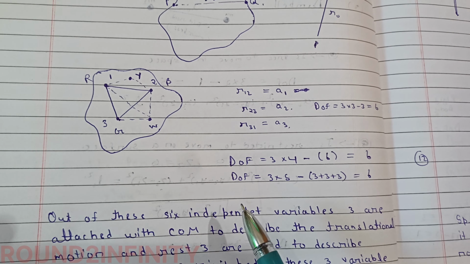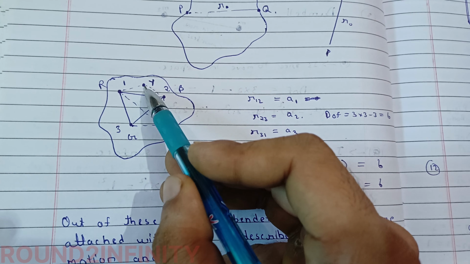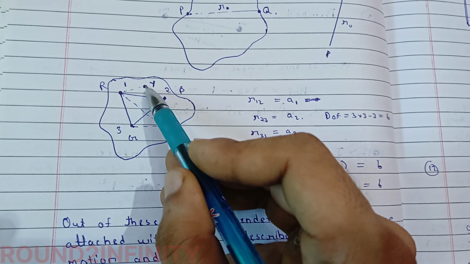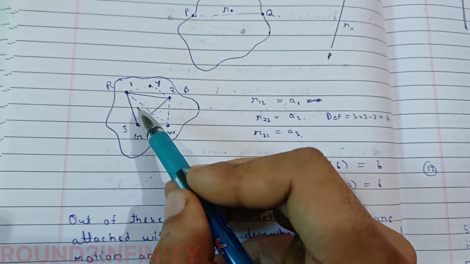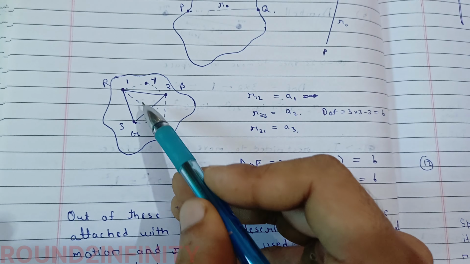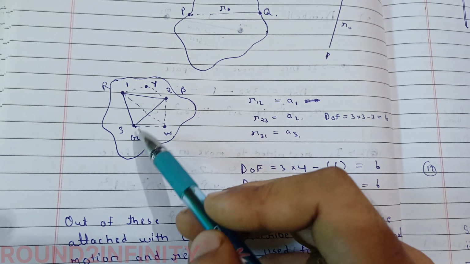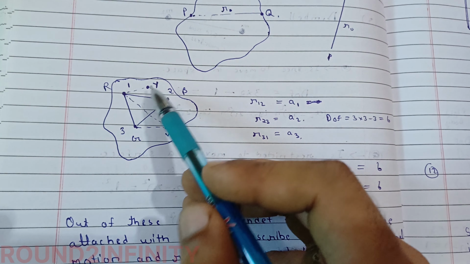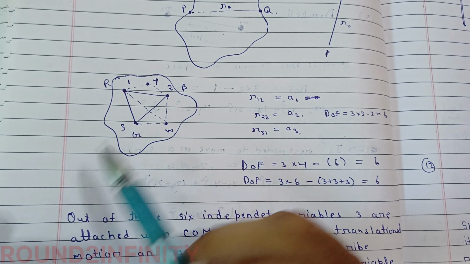And why is that? Because after 3 particles any 4th particle can be found. If you take this particle, the coordinates of this point can be found using these 3, because this length is fixed, this length is fixed and this length is fixed. So you have 3 equations and only 3 variables associated with this. So using 3 equations you can find these 3 variables easily.